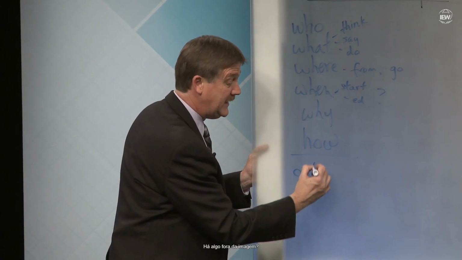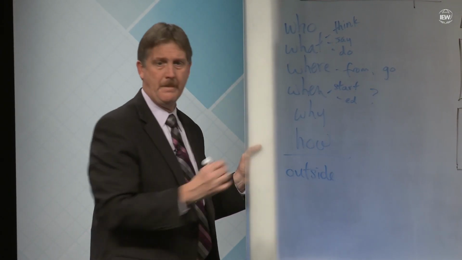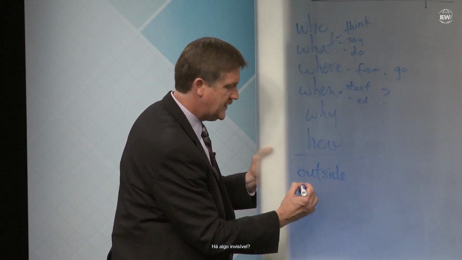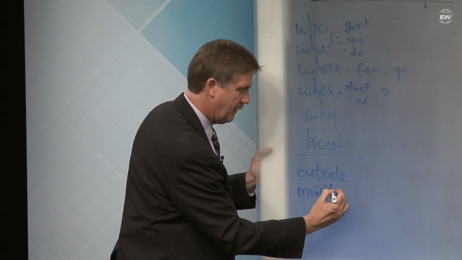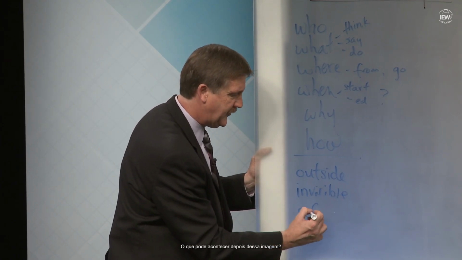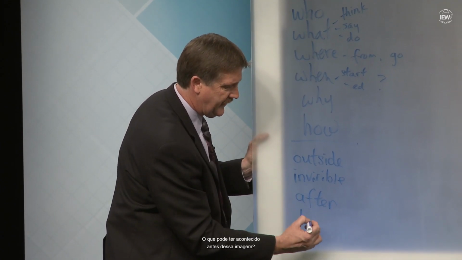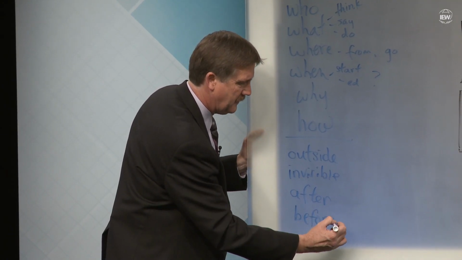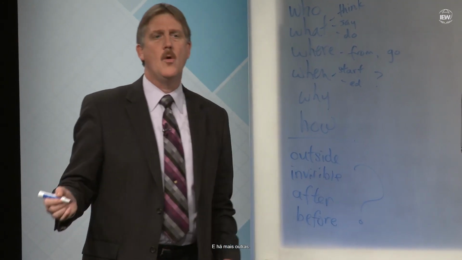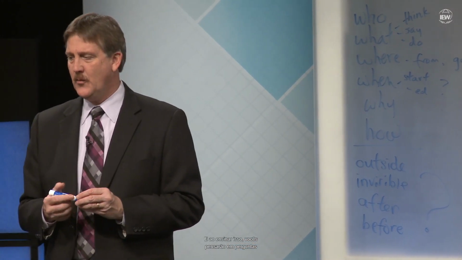Is there anything outside the picture? Is there anything invisible? What might happen after this picture? What might have happened before this picture? And there are more. And as you teach this, you'll come up with some questions that will help students to understand this and be fluent with it.